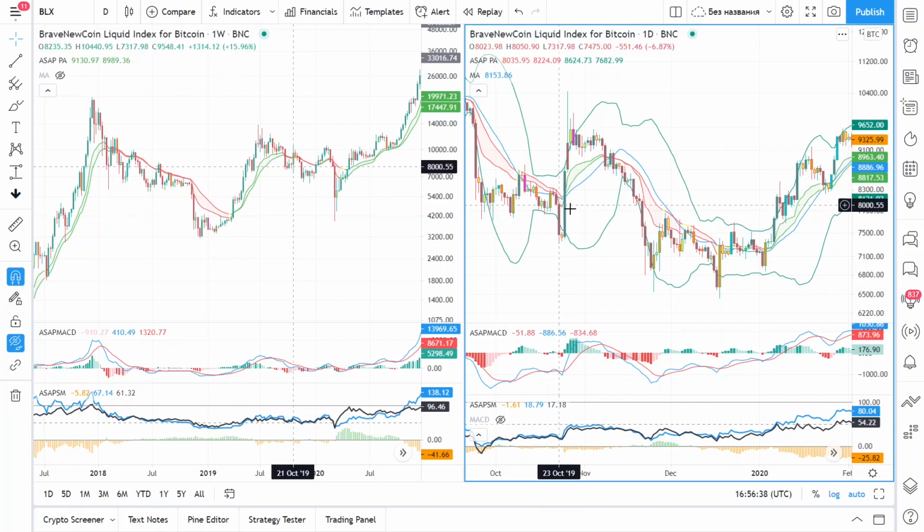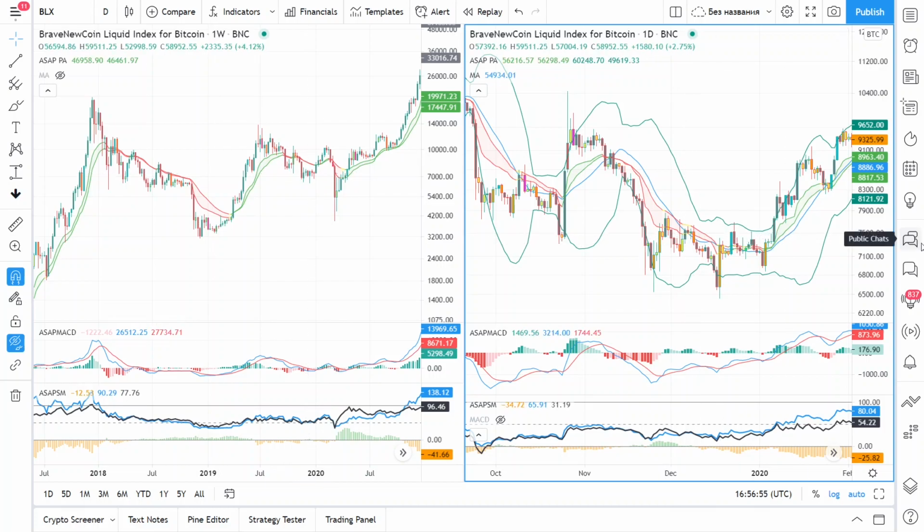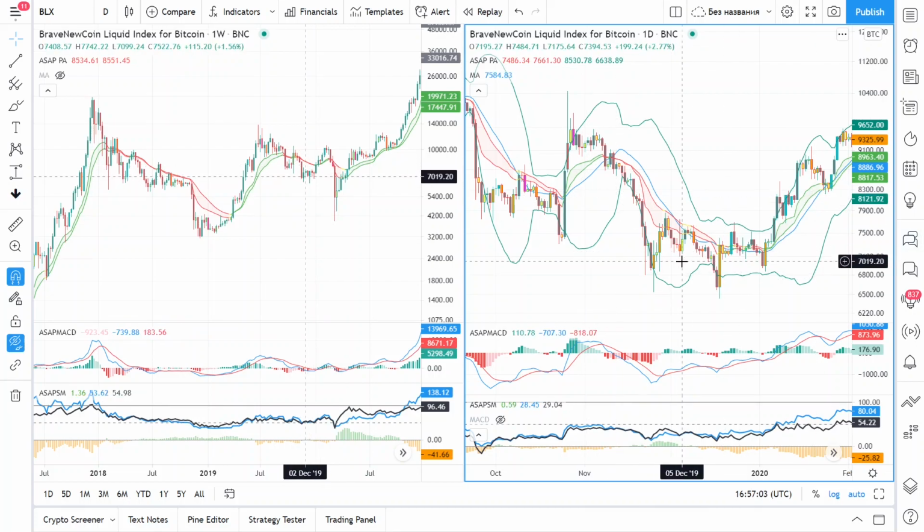Again, a close above it. A close above here. Close above. Maybe here. Let me just check in detail. Yeah. And this is all close above the 20 moving average in a downtrend.